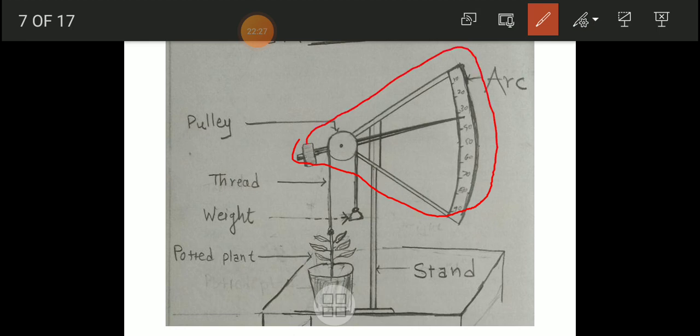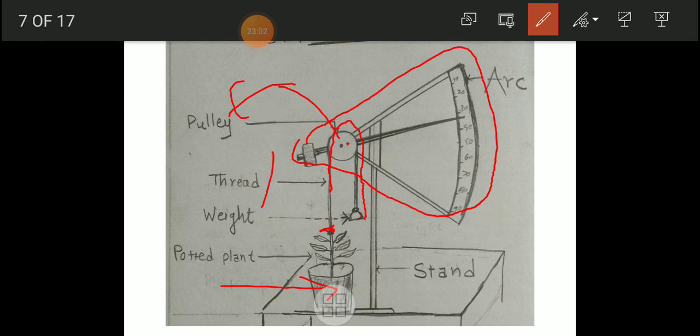Here we have taken a potted plant, and we have tied a thread or string to the shoot tip of the potted plant, and that string we have passed over a pulley. This structure is a pulley. At one end of the thread there is the shoot tip where we have tied it, and at the other end there is a weight.